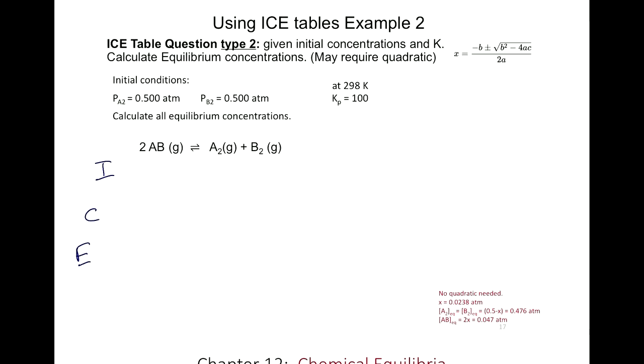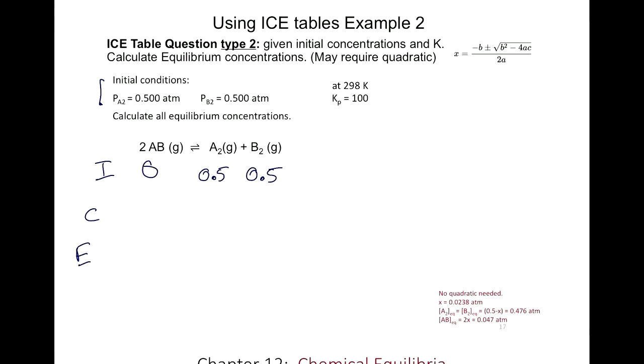So I tell you here your initial conditions. We start with half an atmosphere of AB. We start with A2, that goes right there. Then we start with half an atm of B2. And since they don't give AB gas, that's 0.